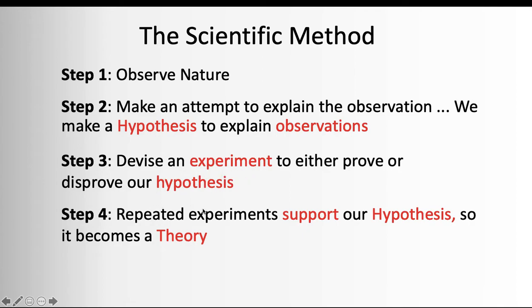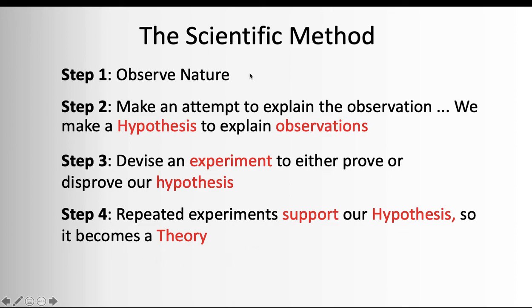And that's why scientific hypotheses have to be testable. They cannot just be something that is abstract because we have to be able to devise an experiment to test it in a laboratory. And then the step 4, we repeat our experiments, maybe change them up a little bit, but if they do support our original hypothesis, then it becomes a theory.